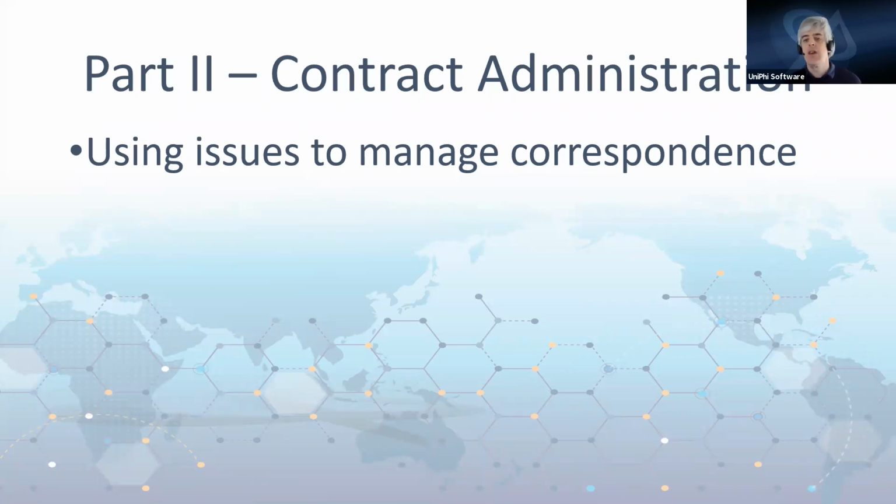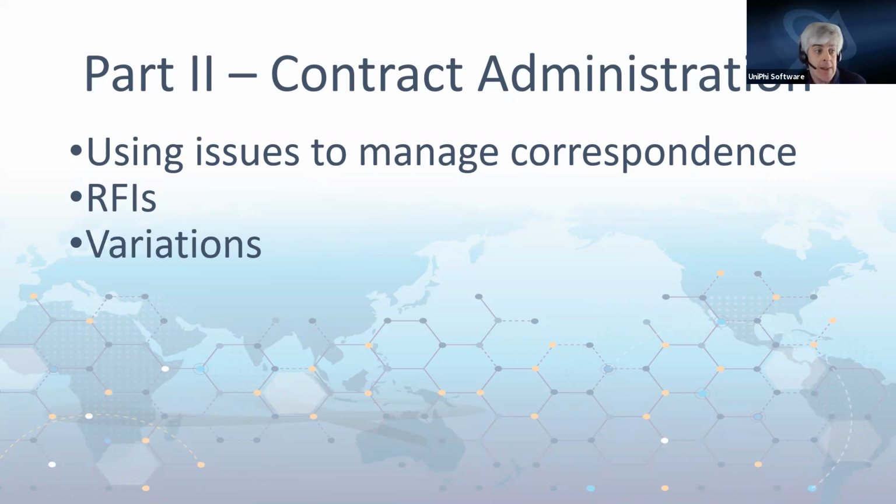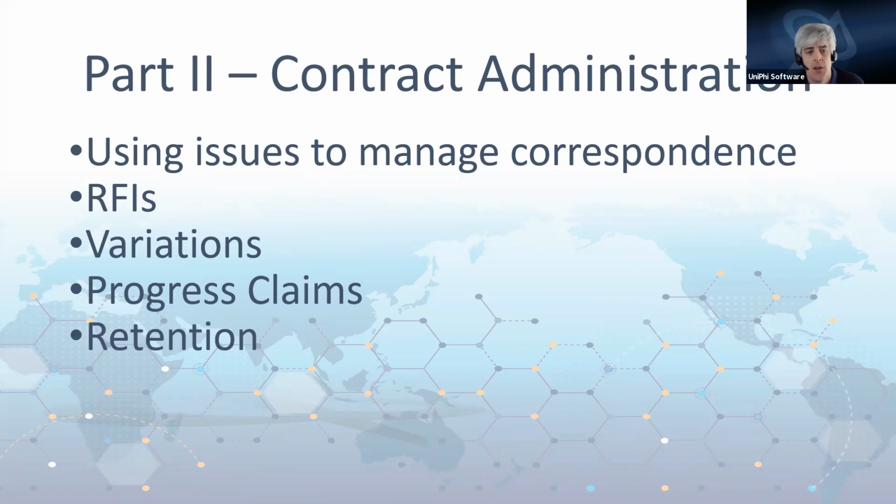But this is in the context of contract administration, so you'll see how it's relevant to what we're doing. We'll look at how RFIs are done through Unify and how RFIs and other correspondence can lead to and link to variations.